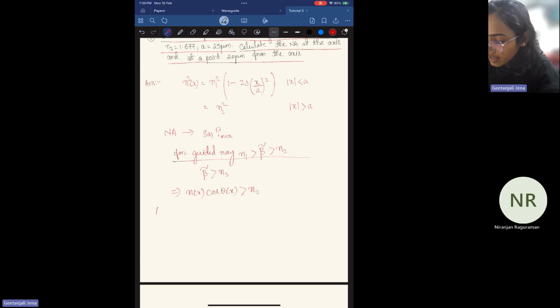The first question is the ray incident at the axis of the fiber. What is the refractive index there? At the axis of the fiber, nx is equal to n1.